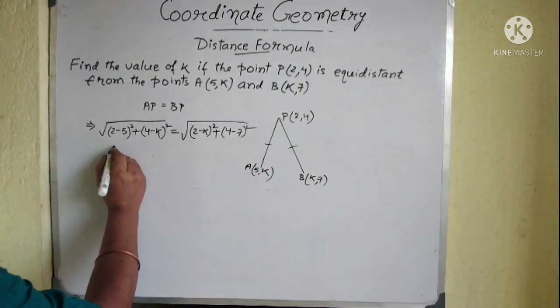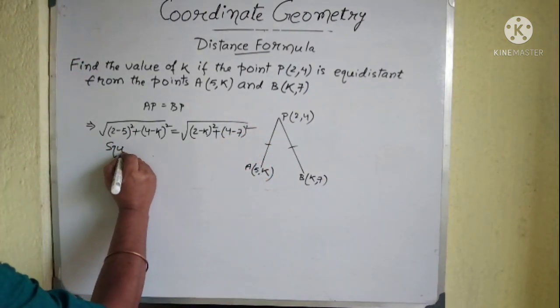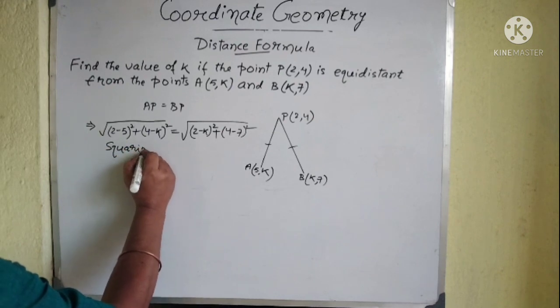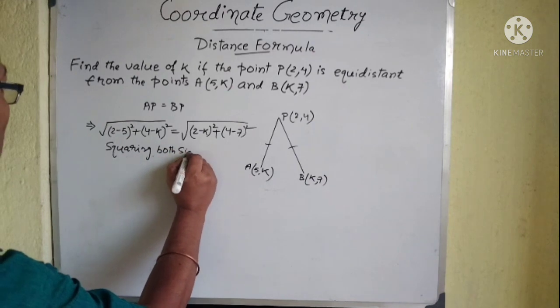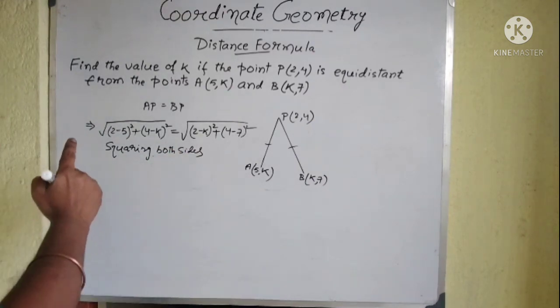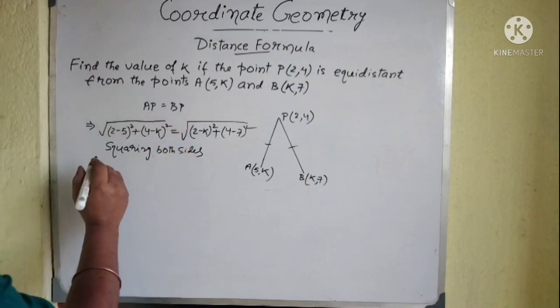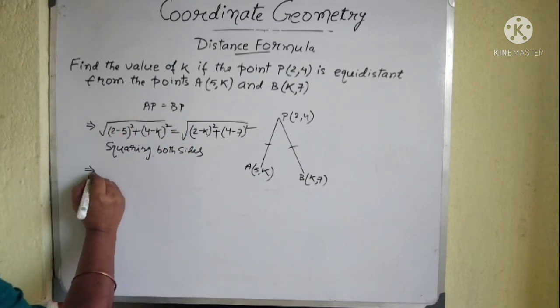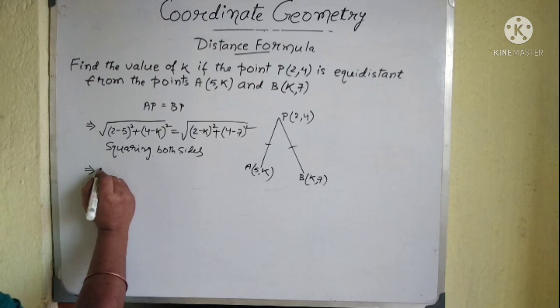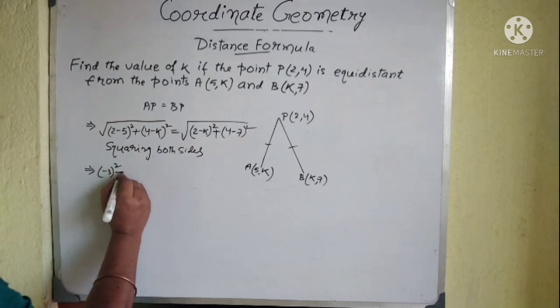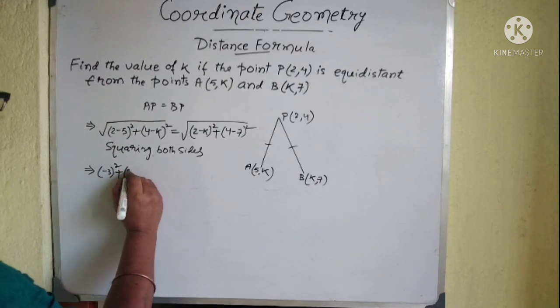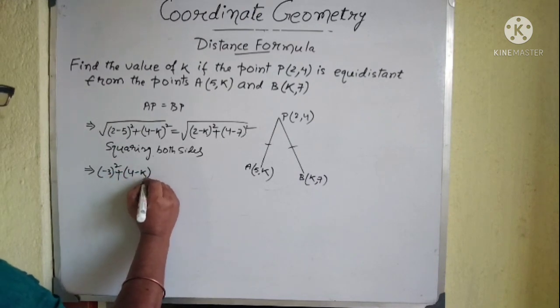Okay, now squaring both sides. Once you square both sides, both roots will be off. So it will be (2 minus 5) whole square, means (minus 3) whole square, plus (4 minus k) whole square.